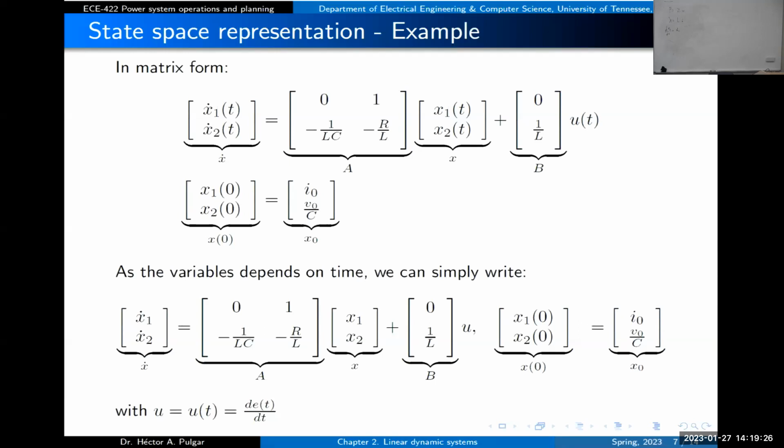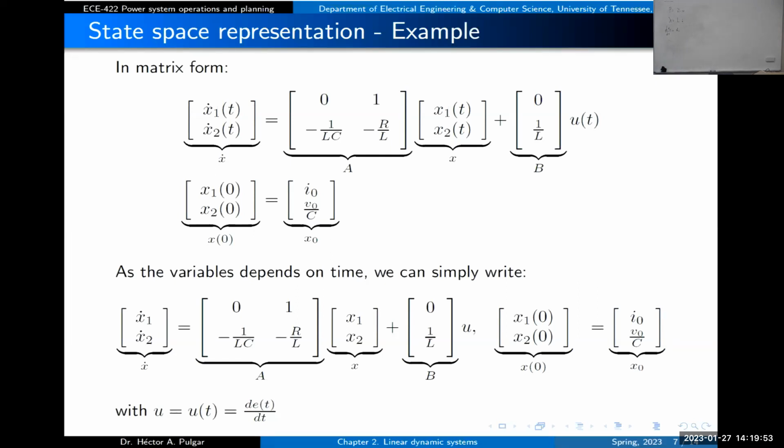What you have here is the model of how these state variables will change in time, at the derivative. And of course, we need to include the initial condition. For this system, we know at a given time, t0, how much is the current and how much is the voltage at the capacitor.